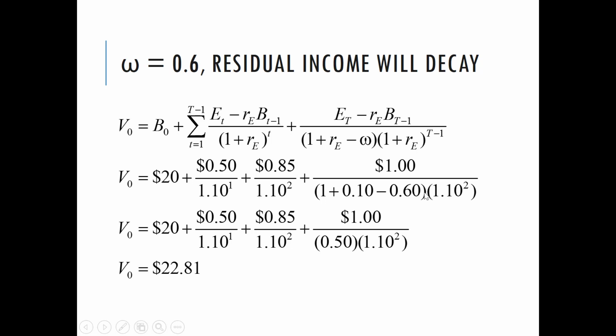You effectively include that 0.6 into that equation, and if you work it through, you get a value of 22.81. Again, for me, the most important thing is that you understand what a persistence factor is and why we need to consider it. And again, it relates back to competitive forces, because we can't assume that companies will generate above average abnormal returns for a very long time.